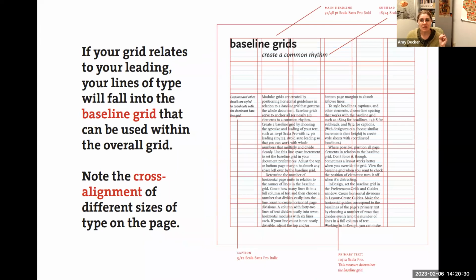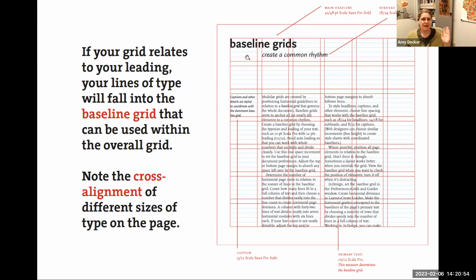All right, now we're moving into grids. So let's break down the grid. If your grid relates to your leading, your lines of type will fall into the baseline grid. Now, a baseline grid is a grid that's used with your overall grid. In other words, we use multiple grids when we're creating documents.